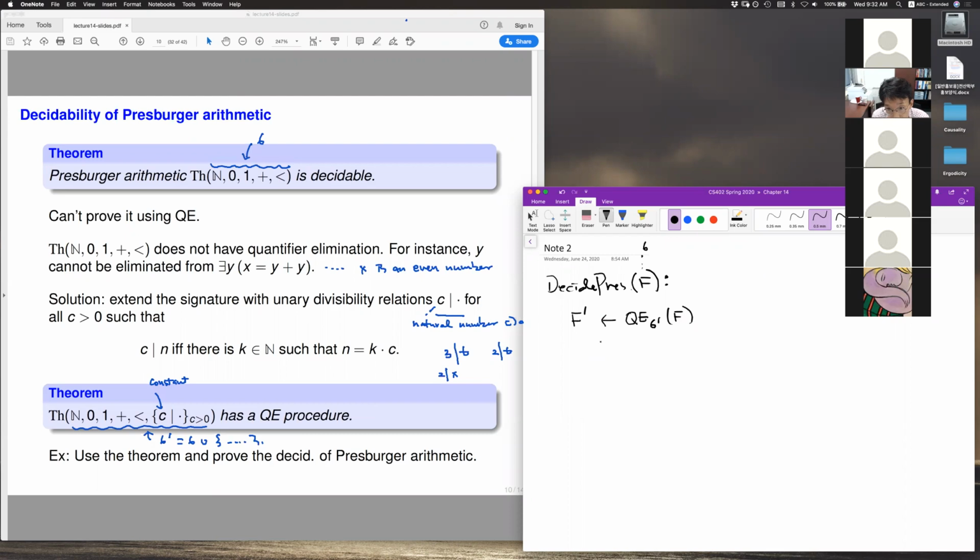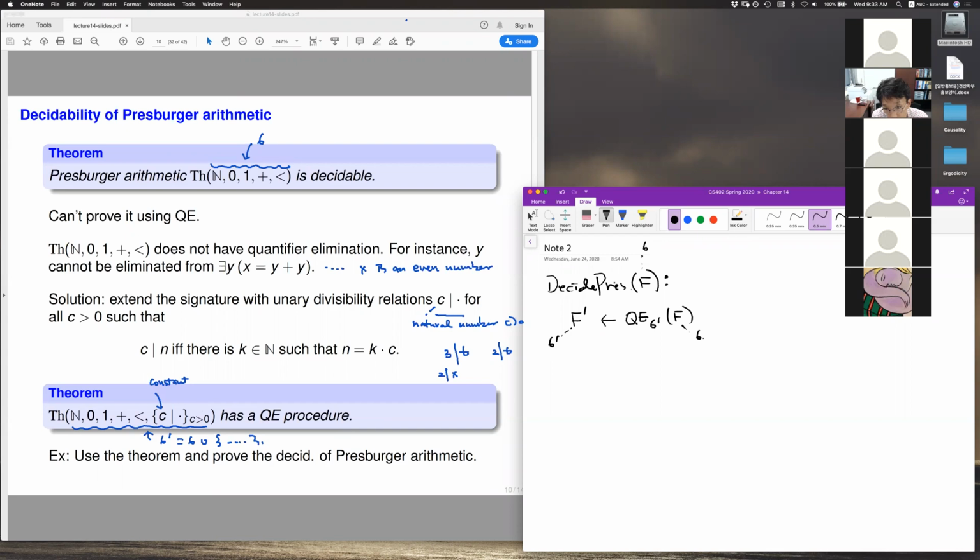But one thing you need to notice is that although F is a formula over sigma, because we call the quantifier elimination over sigma prime, F prime may be a quantifier-free sentence over sigma prime. So it may use this divisibility predicates, which we added when we defined sigma prime. So this F prime is the quantifier-free sentence over sigma prime.